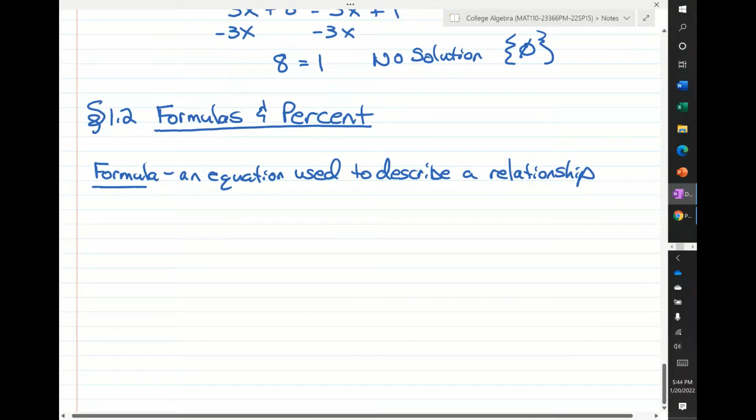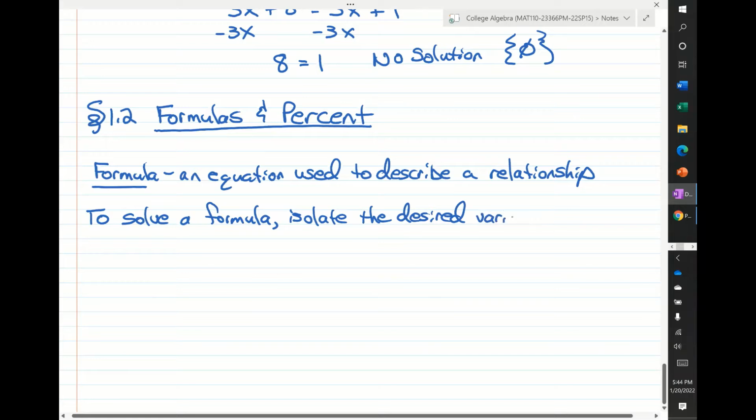Now, to solve a formula, let's write this down. Solve a formula: isolate the desired variable and treat the other as constant.